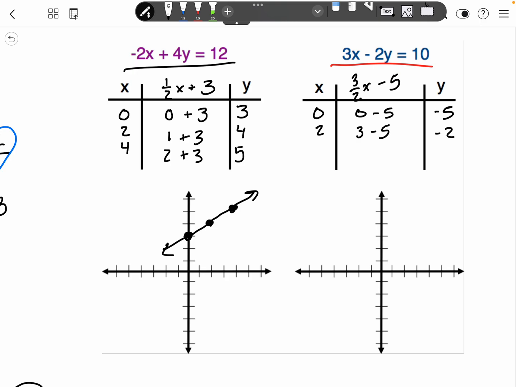And then I'm going to choose one bigger. Another multiple of 2 would be 4. So 4 divided by 2 is 2. Times 3 is 6. So divide by the bottom, times by the top. And I'm going to graph those. 0, negative 5. 2, negative 2. 4, 1.